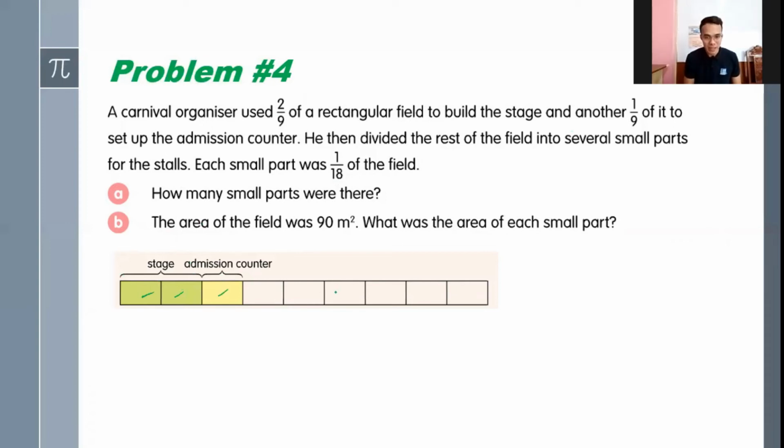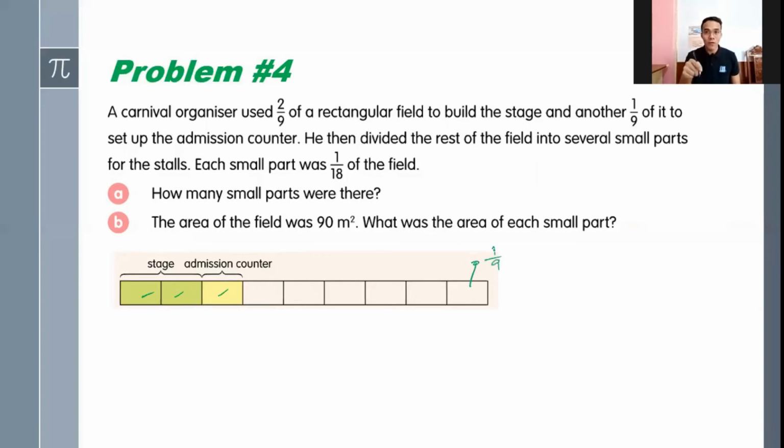The rest of the field is divided into several small parts for the stalls. And take note that each small part was 1/18 of the field. So far, we don't have 1/18 because one part here is 1/9.